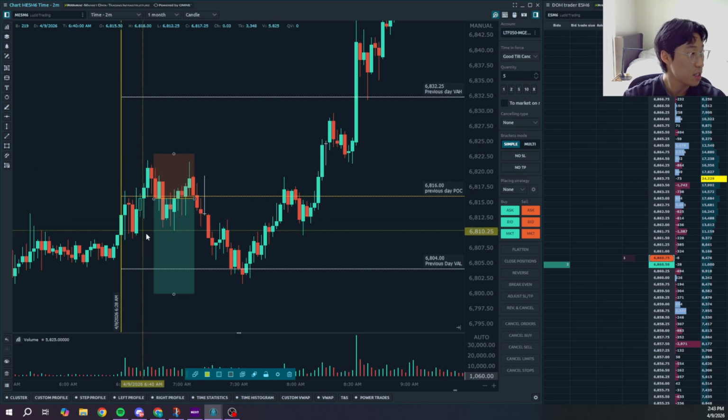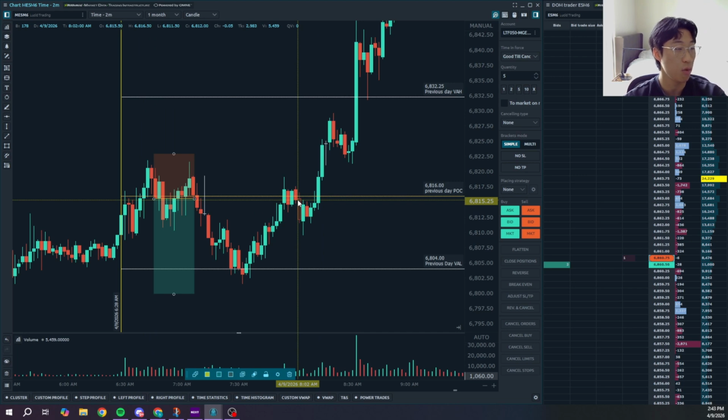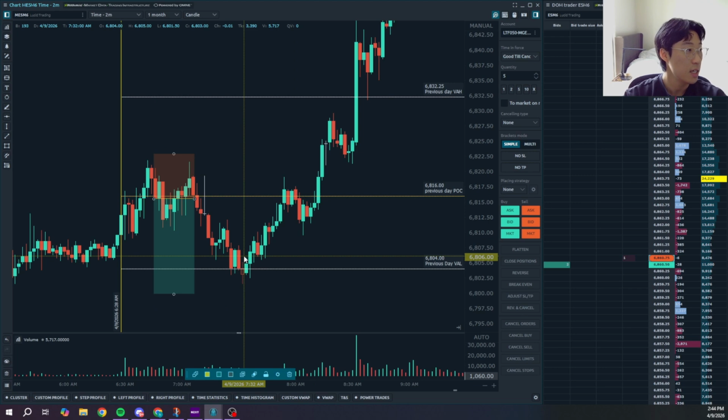I took this trade because we opened below the previous day POC, and usually I use POC as an information point where if we're trading above POC, it tends to mean that we'll usually fill to the upside. If we're trading below POC, it usually tends to mean that we'll fill back to the downside, right? So I spotted a lot of weakness here on this move up to break the POC.